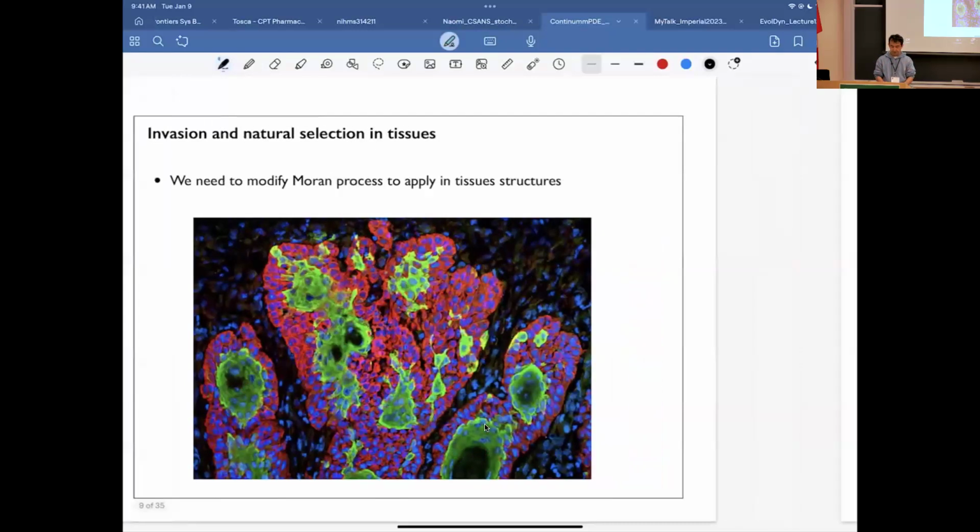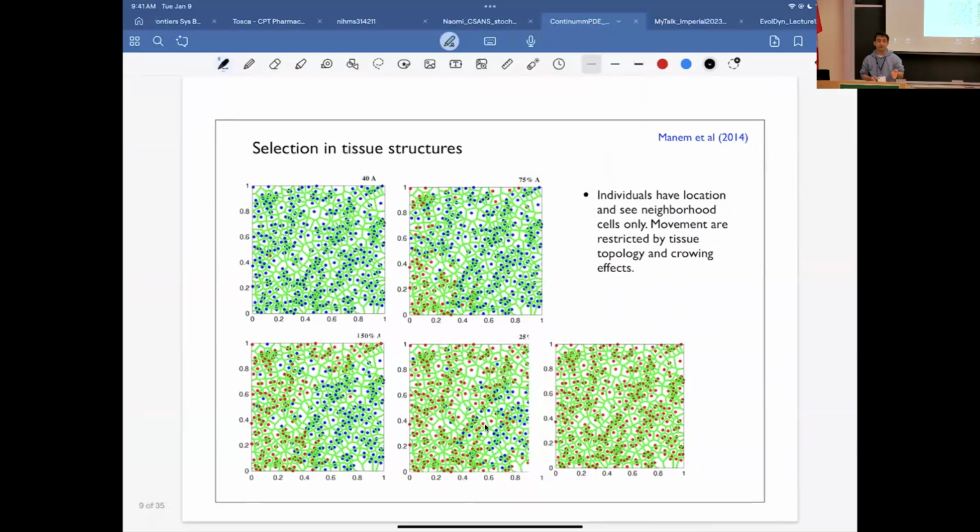Often the Moran process type of thing has been done. This is an older paper by Natasha, Mohammed and Satya. I often mention it in my talks. If you assume a network type of structure, an unstructured mesh for your tissues, we can apply Moran type processes.